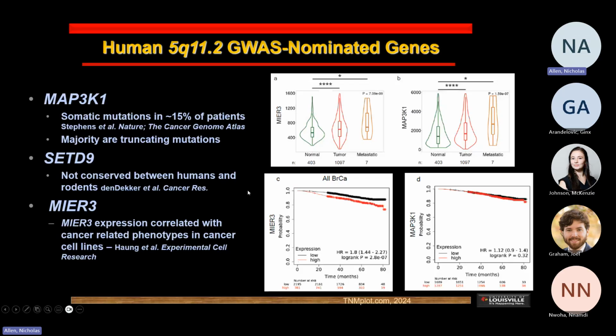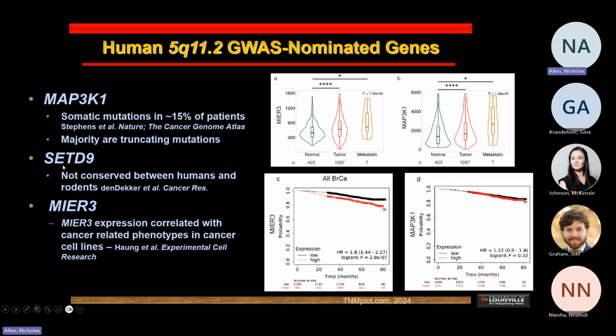So poorer survival with higher expression of this MIR3 gene. Not so much of a difference with MAP3K1. So this MAP3K1 is a serine kinase. It's already been established pretty well that somatic mutations in this will drive breast cancer in about 15% of female patients.